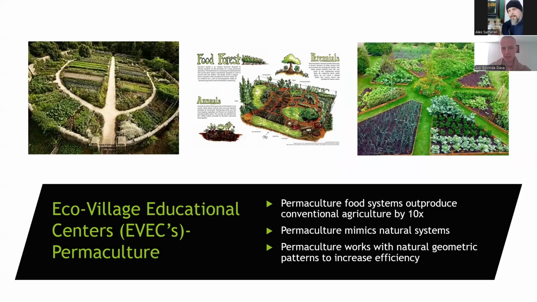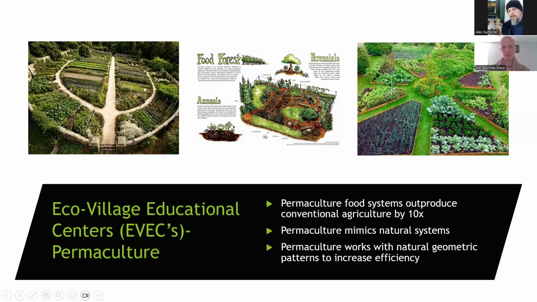Another principle applied in eco-villages, besides natural building techniques, is permaculture. And permaculture is a design science that mimics natural systems, and it works with natural laws to create a food system that can outproduce modern agriculture by 10 times. Because it's not gardening in straight rows, and it's not monocropping or single plant species in straight lines.